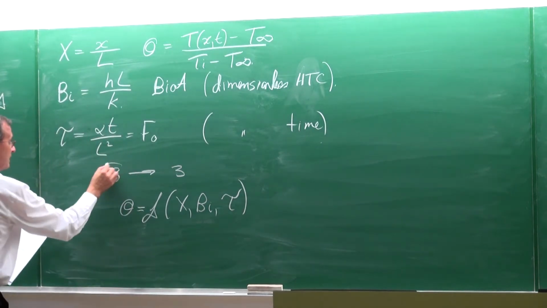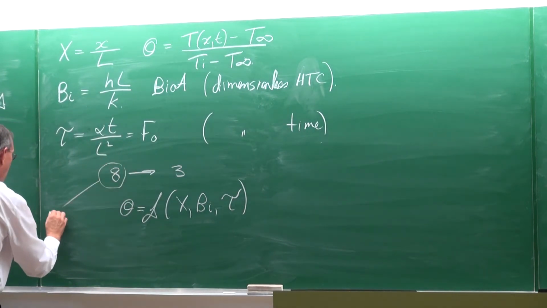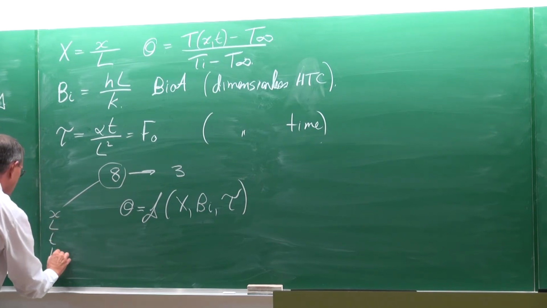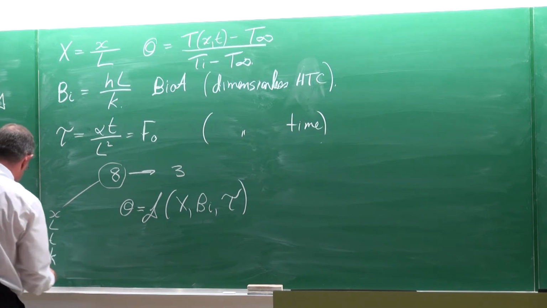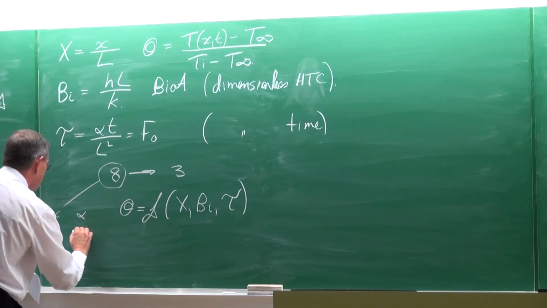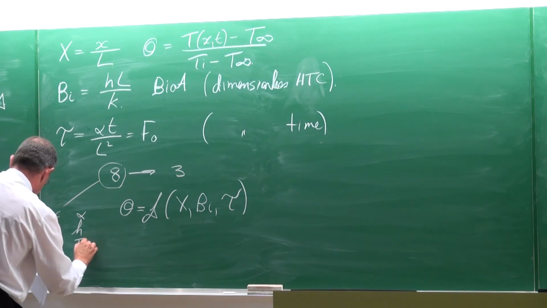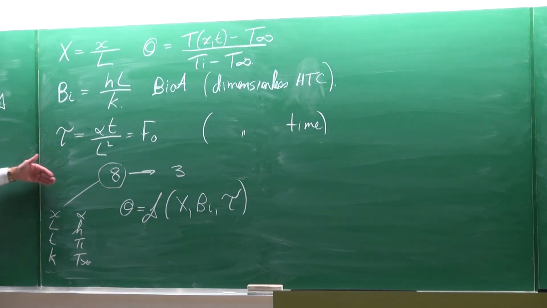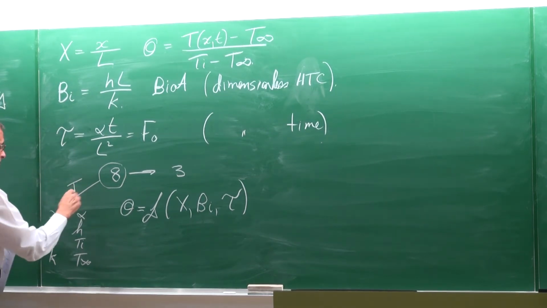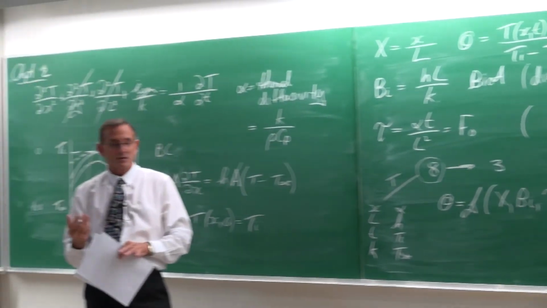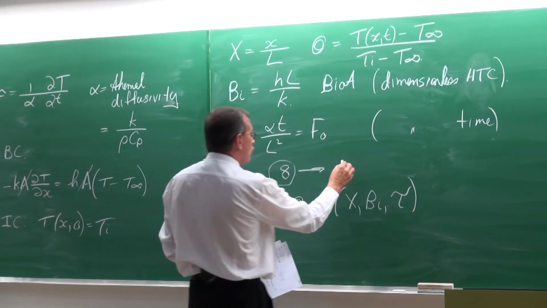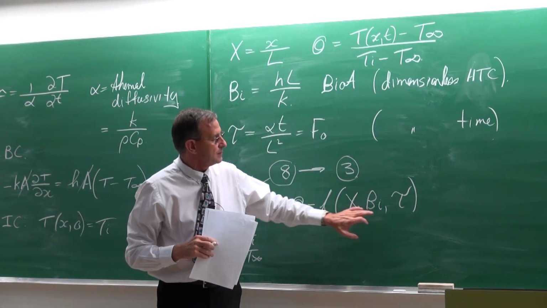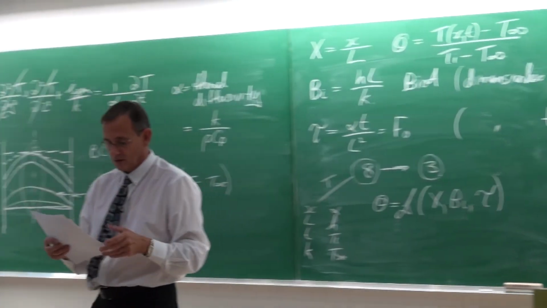The 8 variables that we had previously were x, L, time, k, alpha, H, Ti, and T infinite. The temperature is dependent on all 8 of those variables. By non-dimensionalizing it, the temperature is now a function of x, Biot, and tau, only 3 variables.